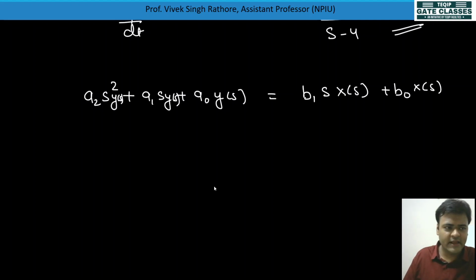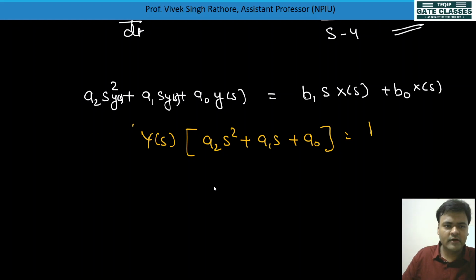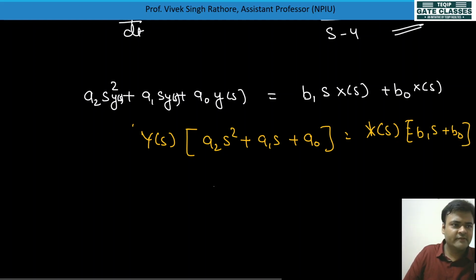So it is an LTI system, and if it is an LTI system, we can write Y of s common: a2 s square plus a1 s plus a naught, and here X of s can be taken common: b1 s plus b naught will be there. See, this equation can also be written in the time domain, like a2 s square Y of s can be written as d2y by dt square.